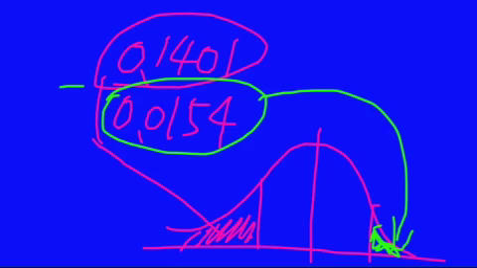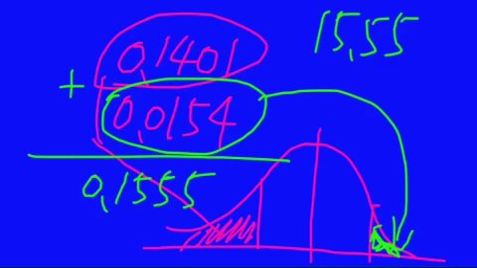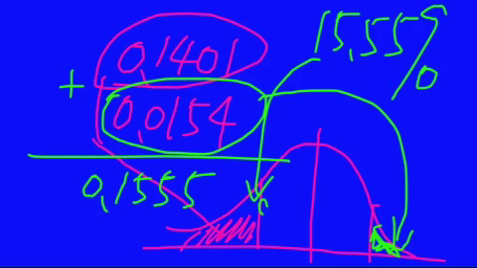So you add them together, and then you get 0.1555, which means 15.55% of the employees, their IQ scores will either lower than 84 or higher than 90.